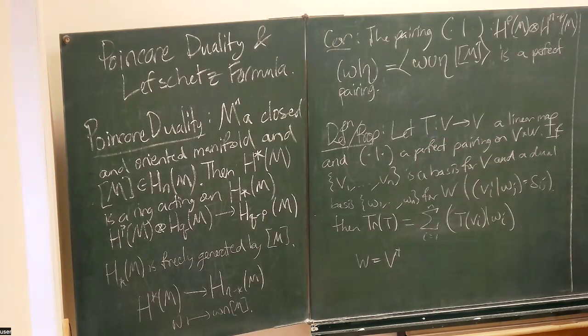So if you have A and B submanifolds, let's say p dimensional, then we can have embeddings by definition. And so we can push forward their fundamental classes.